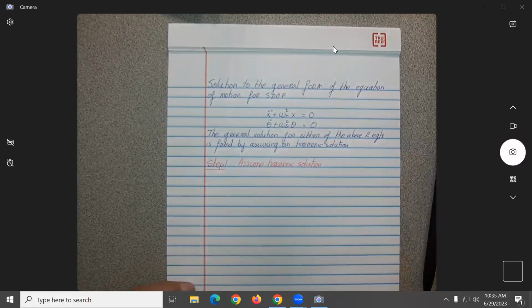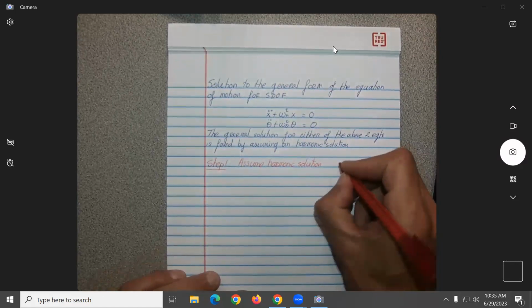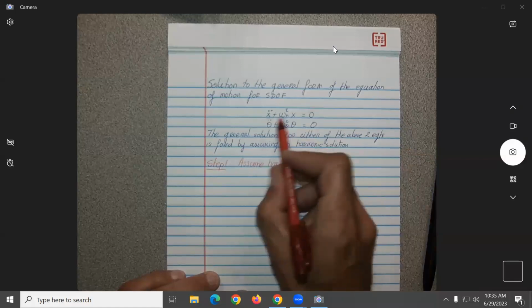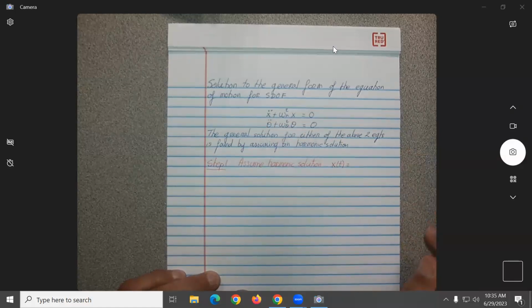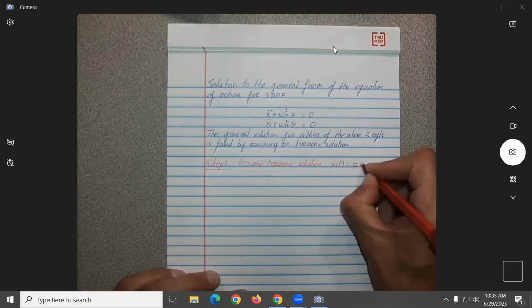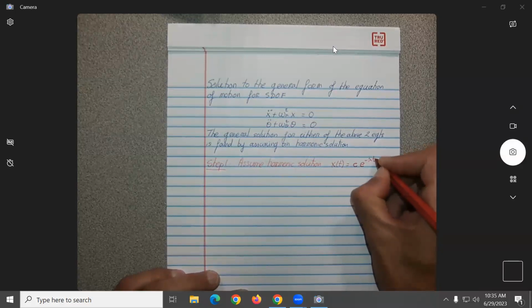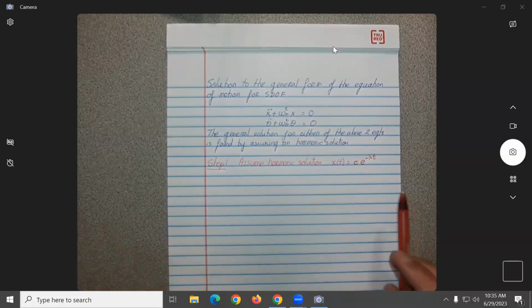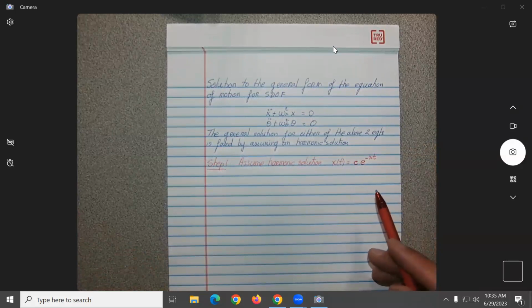Okay, so harmonic solution, let's say the form will be x of t. So I'm just going to solve the top one, okay? Will be equal to, I need a different form. Let's say I call this one c for a constant times exponential function of minus lambda t. And then we'll see what each one of these is. But basically, you know that the exponential function can be written in the form of sine and cosine, no? It's the same thing.